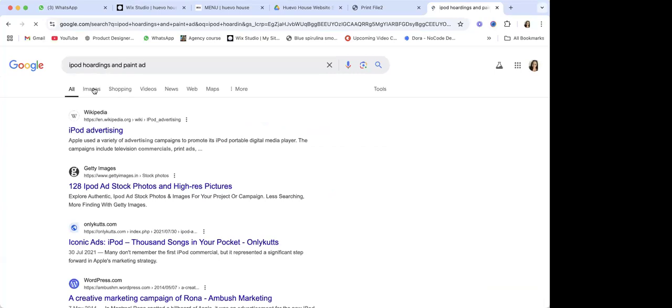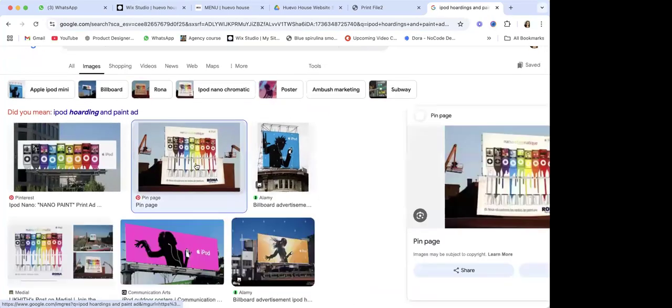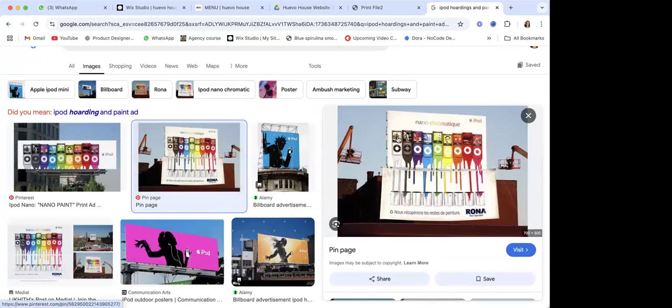So this was really famous back in those days, this particular ad. These are iPods, and they were in a nano chromatic color scheme. You can see what kind of colors they used to give in iPods. And there came a company called Rona, which used to recycle paints. So they had a very interesting marketing strategy. Wherever they saw the iPod hoardings, they put their own hoarding just below and gave this kind of illustration or graphics where all the colors which are dropping from the iPods, they are recycling, and that's what the company is doing.